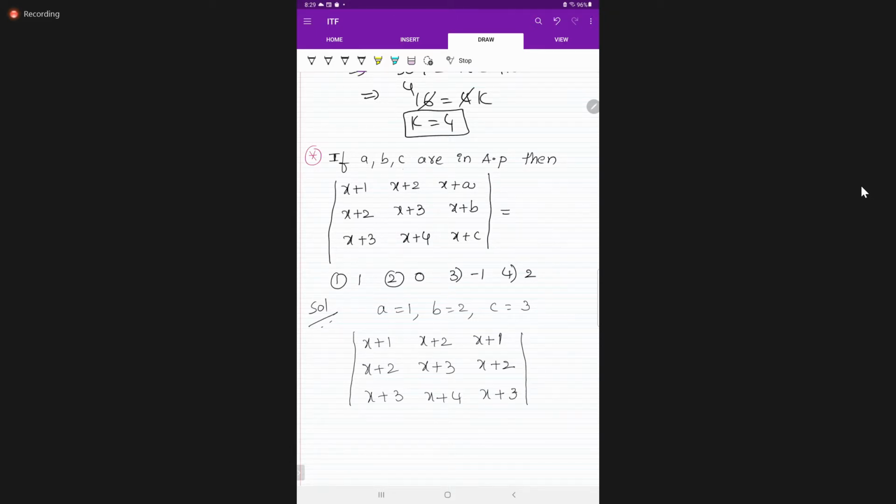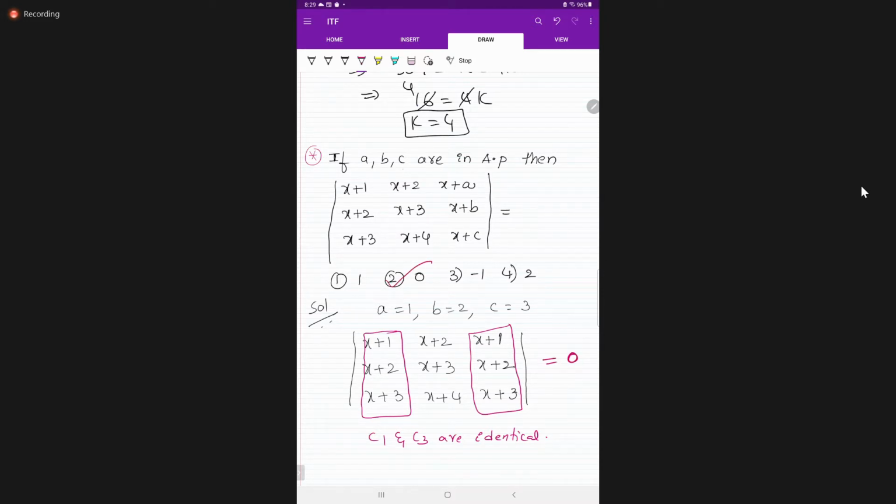Tell me. 0, ma'am. Very good. Why, tell me? Because here C1 and C3 are identical. C1, C3 are identical, so the value of the determinant is 0.